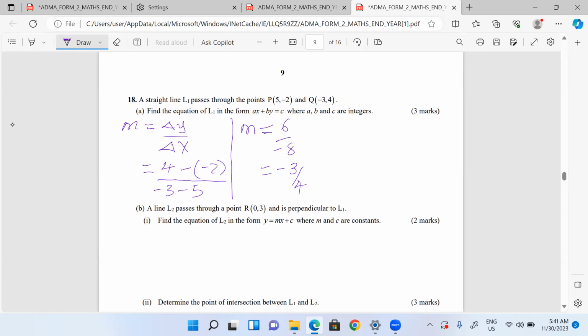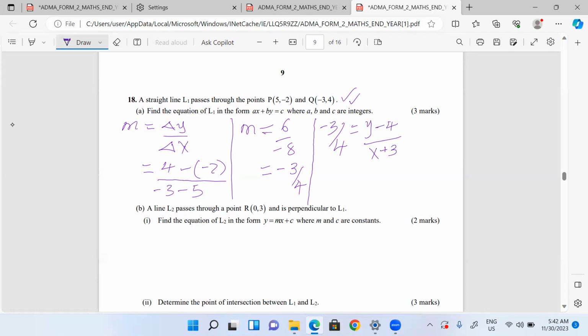So now we can express our gradient by saying that the gradient -3 out of 4 is usually given by change in y, which will be y minus 4, if I pick the second coordinate here, then I divide by x minus -3, which becomes x plus 3.